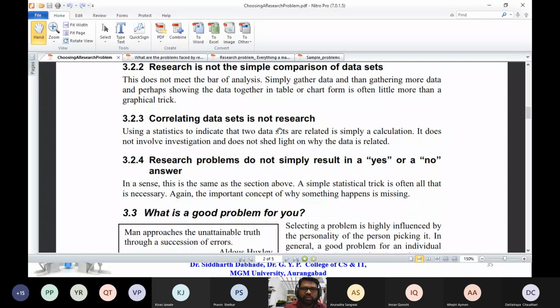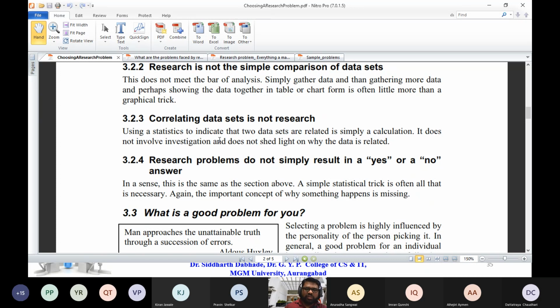Okay, so we need to make the correlation between your research work and your data sets. Only downloading the data set or collecting the data set is not just research. Most of the researchers just say that we have collected this data set in our research work. So only collecting the data set is not the research.